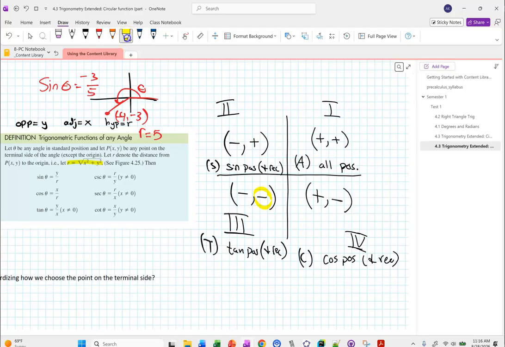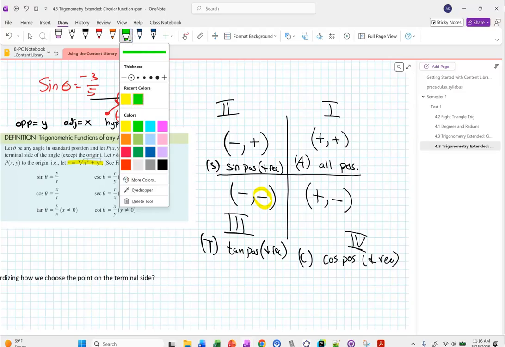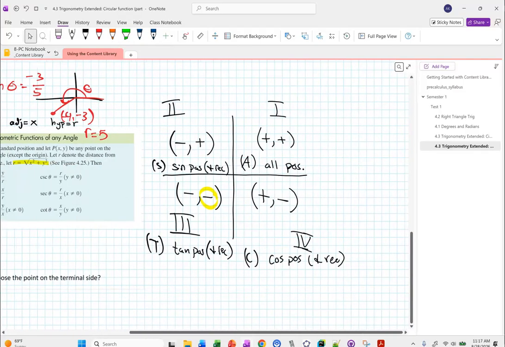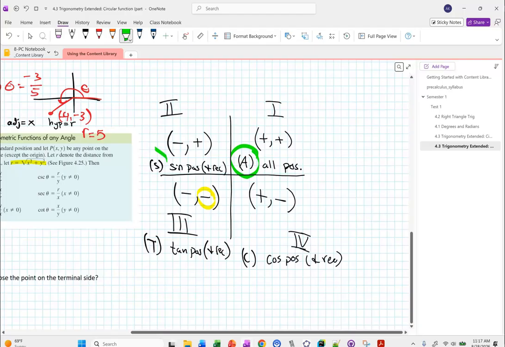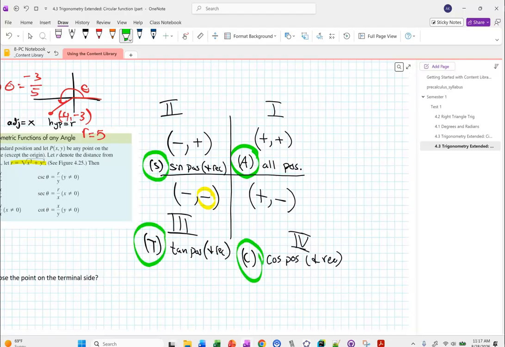The mnemonic device that I was taught when I took this course a long time ago, to remember ASTC, was all silly turtles crawl. I don't know why. I think the teacher just came up with four words that make a sentence, but that's how I remembered which letter goes in which place.